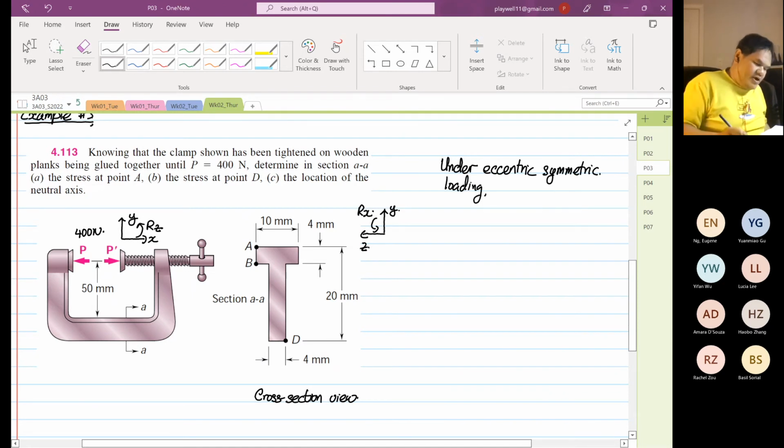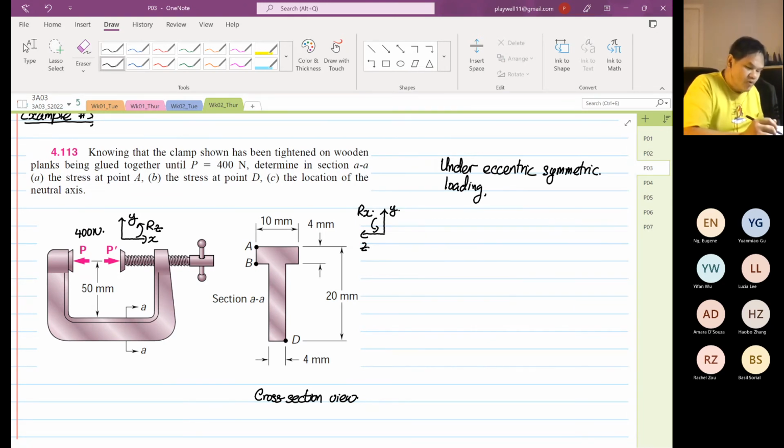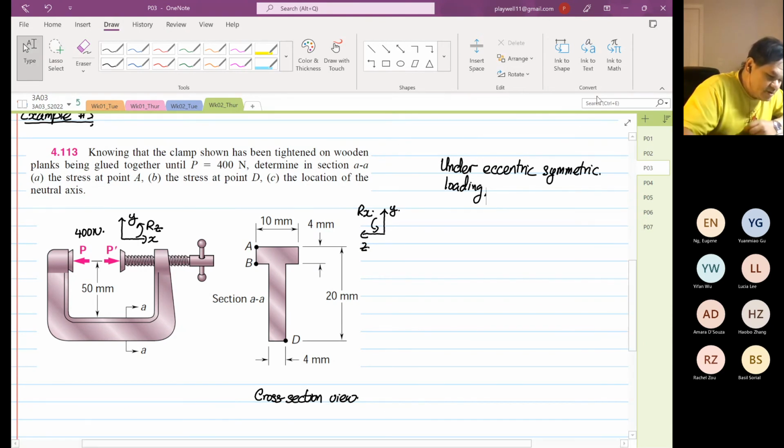So some of you will ask me, Eugene, how do we know that is eccentric? Okay. So a good thing to find out. Okay. If I were to sketch the position of the centroid, so this is the position. This is just a sketch. Okay.